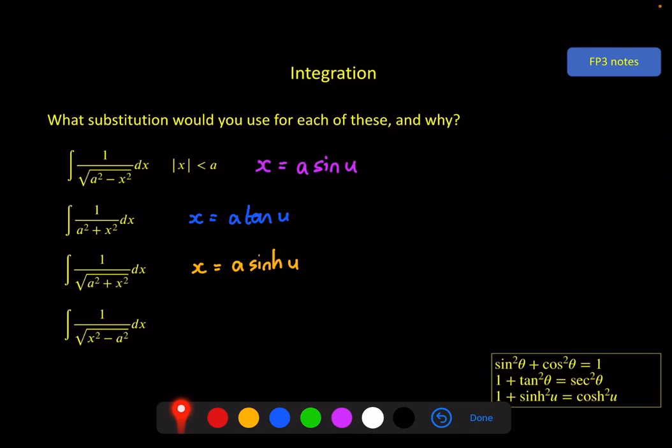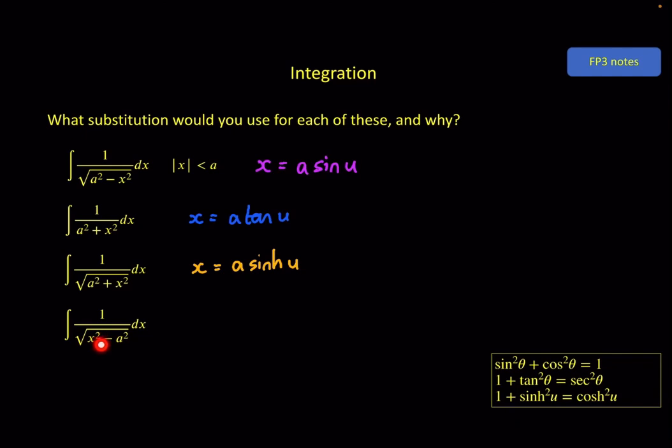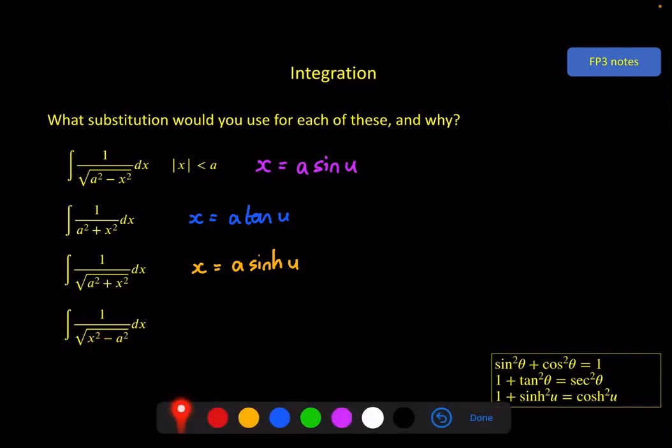Again, you might be able to do it, but what would be easier is if you've got cos squared u minus 1 giving you sin squared u inside the square root, because you know that cos differentiates to sin. And once you square root that bottom thing, you'll have stuff that cancels again. So this one, you're probably going to want x is equal to a cos u.